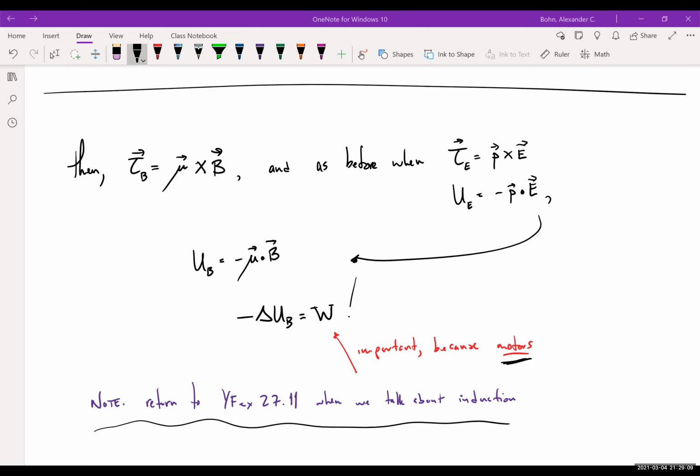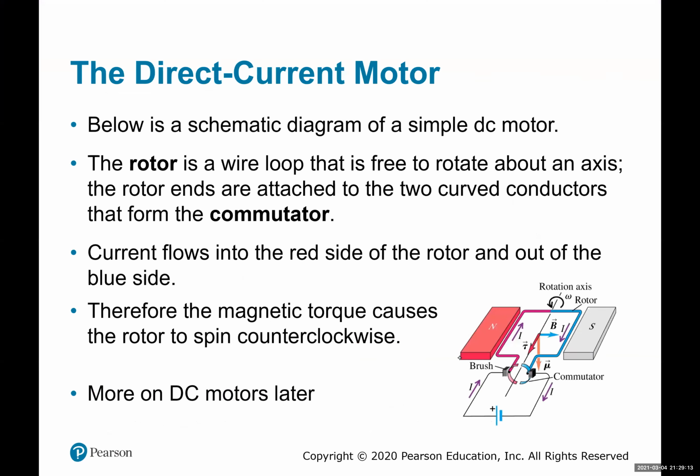And here we are saying that we can pass a current in a magnetic field that creates rotation, converts electrical energy into rotational mechanical energy.